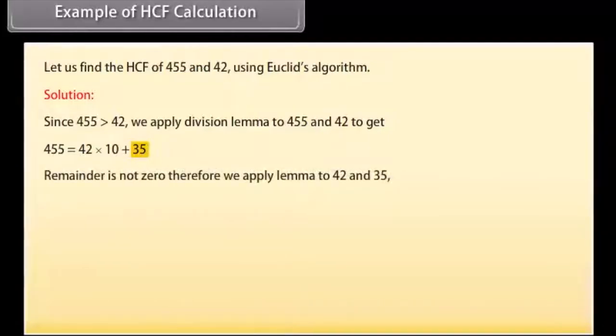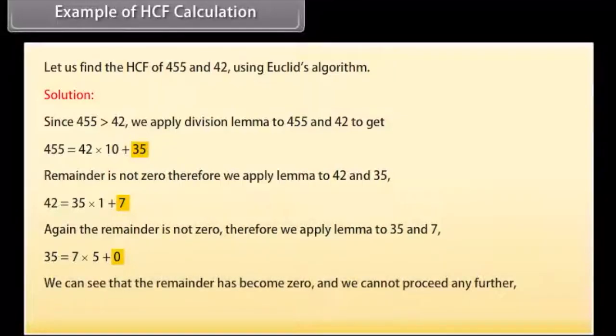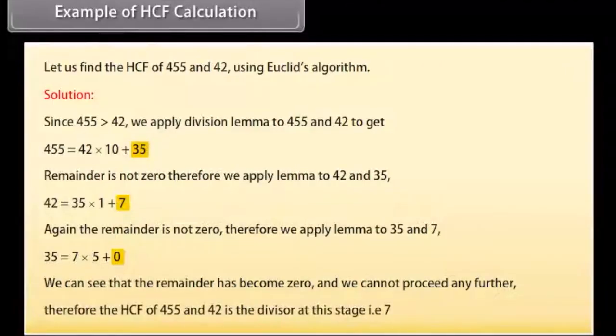Remainder is not 0, therefore we apply the lemma to 42 and 35. 42 = 35 × 1 + 7. Again, the remainder is not 0, therefore we apply the lemma to 35 and 7. 35 = 7 × 5 + 0. We can see that the remainder has become 0 and we cannot proceed any further. Therefore, the HCF of 455 and 42 is the divisor at this stage.